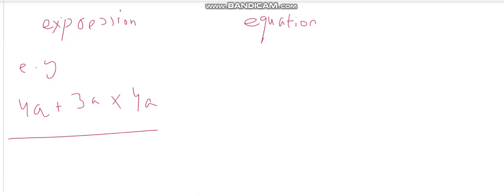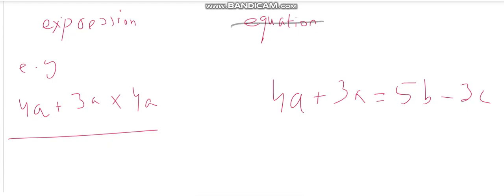This is an expression, and 4a plus 3a equals 5b minus 3c is an equation. The very simple and basic explanation is that an equation is where we have an equal sign, and an expression is where we don't have an equal sign. So we can take this as a simple definition.